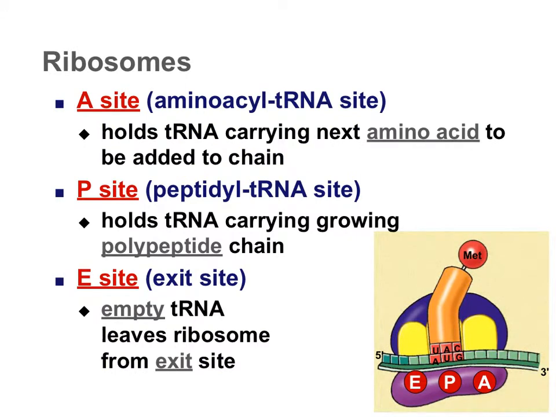In this course, we're not going to need to differentiate between these three sites in the ribosome, the A, P, and E site, but the mRNA sequence is going to move through those sites as a tick, tick, tick, stop. It's going to shift over a spot, shift over a spot, and shift out.